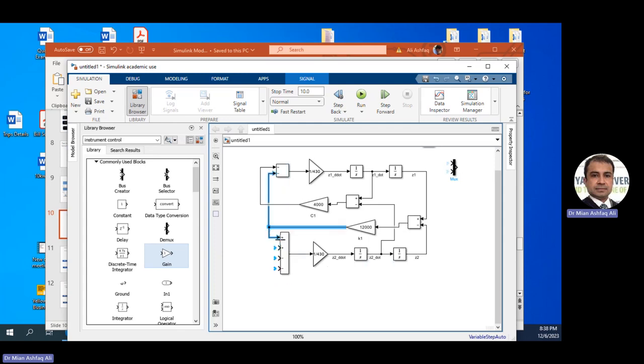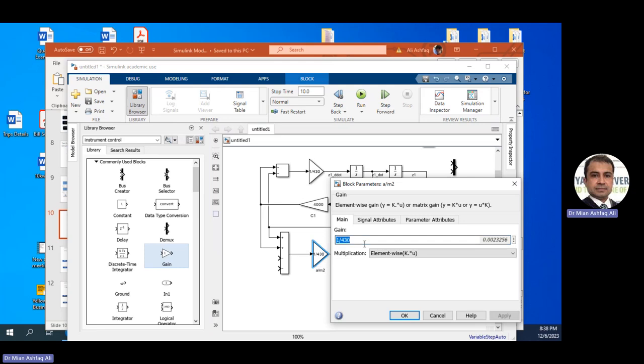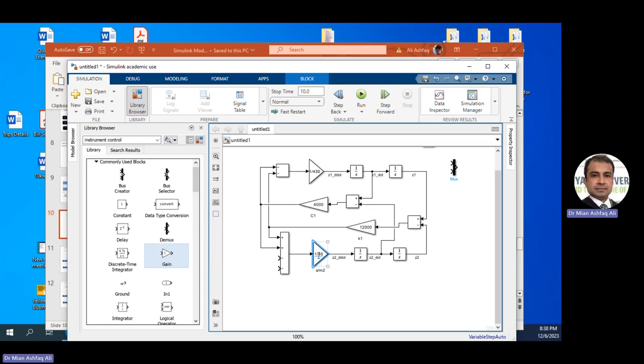And those two forces, I can simply connect, so those two forces have different signs for M1 and for M2. And this should be 1 divided by M2, where M2 is 40. So I need to change this value to 40. This is M2.